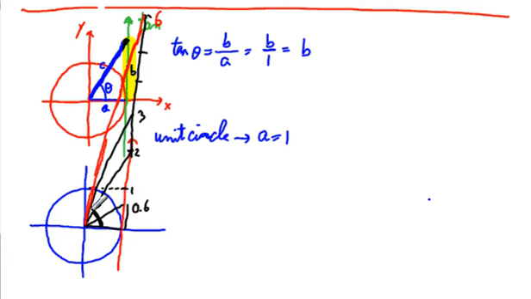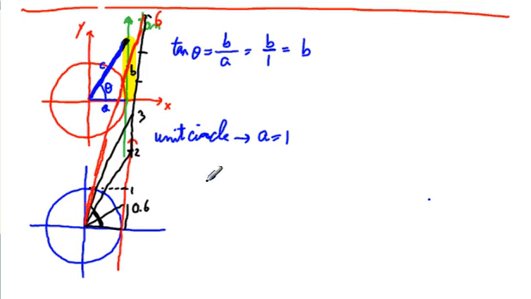If I keep inching up toward the vertical, what happens to this? Escapes to infinity, is that right? So as your angle comes to 90 degrees, its tangent becomes infinity.